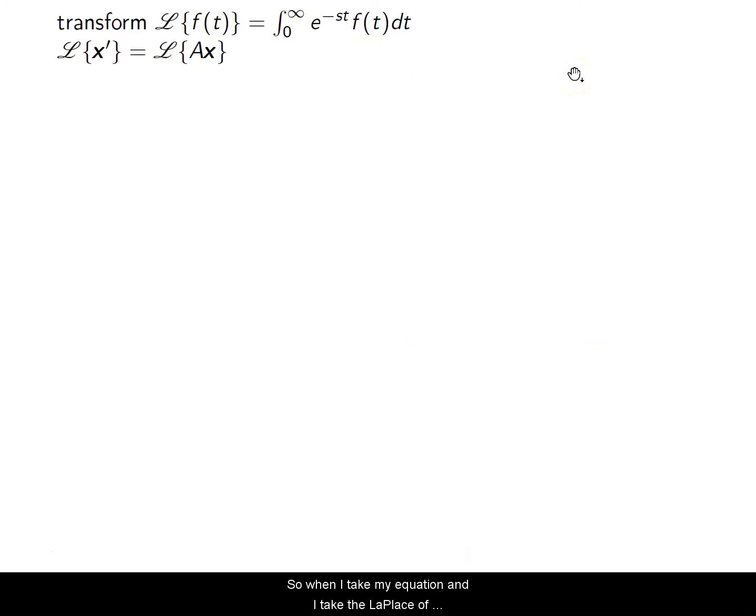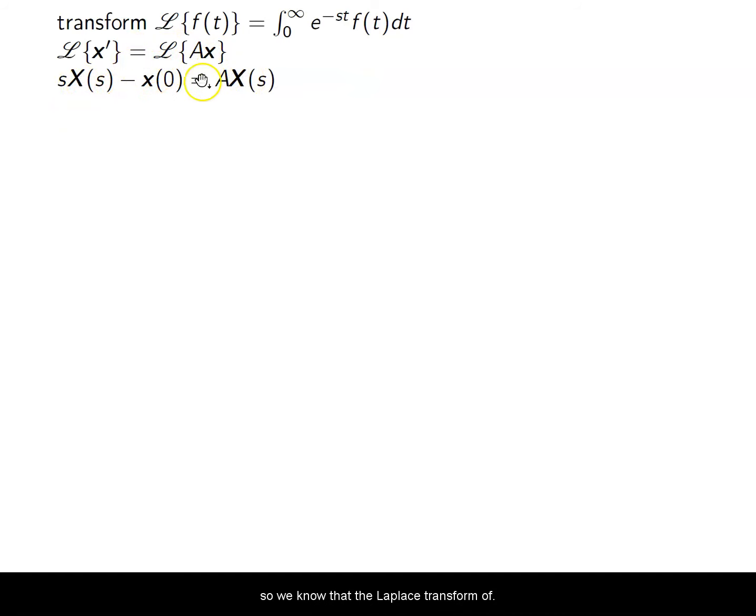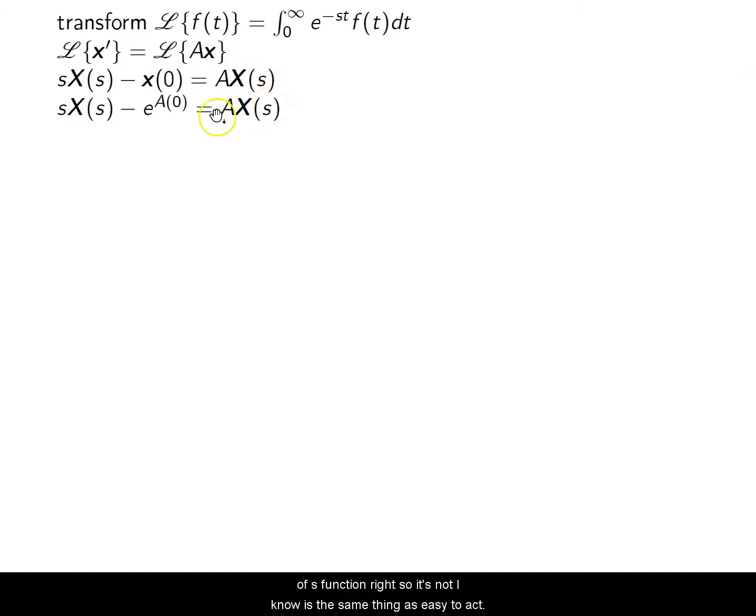Okay. So when I take my equation and I take the Laplace of both sides, I can start to transform my situation, right? So we know that the Laplace transform of a derivative looks like this, right? And the Laplace transform of a times x will just get me, here we're treating a like a constant, and my little x gets transformed into a big X of s function, right?